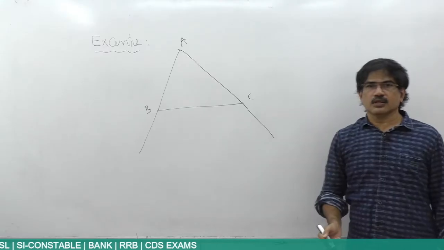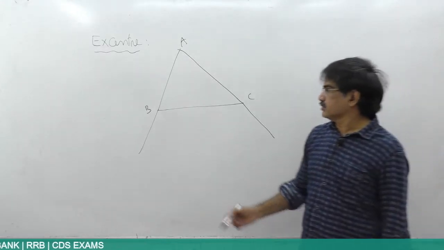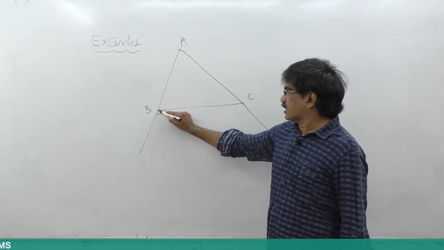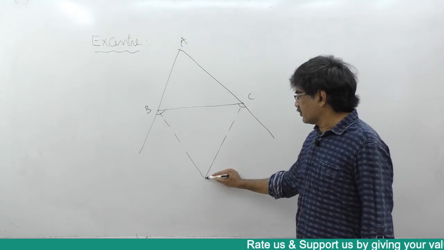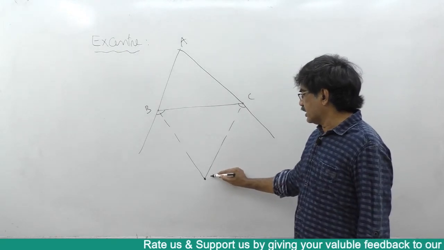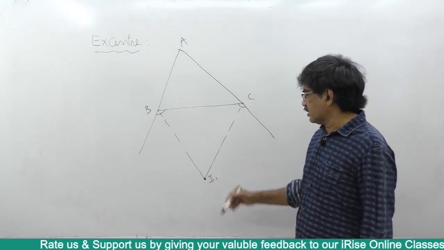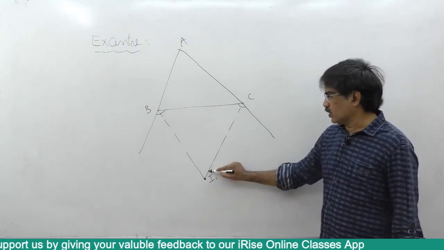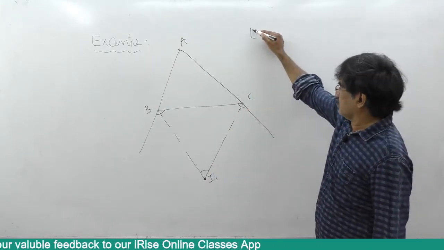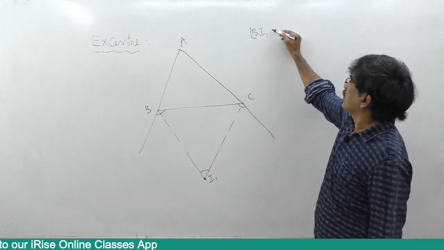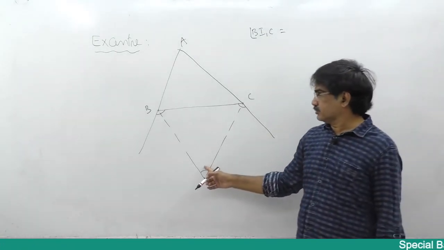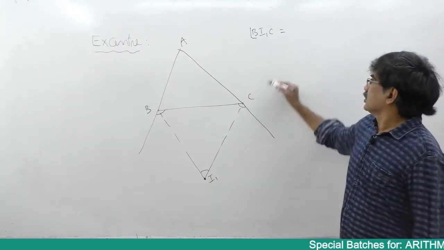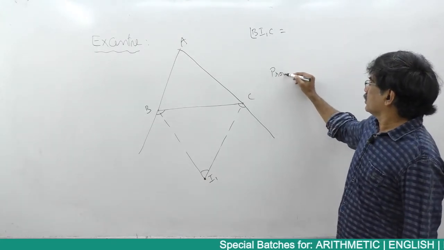Next, if this is a triangle ABC, draw the external angular bisector of B and the external angular bisector of C. Already you know they intersect at the excenter I1. Then what is angle BI1C? I want to give a simple proof.